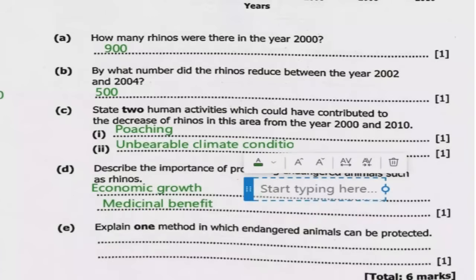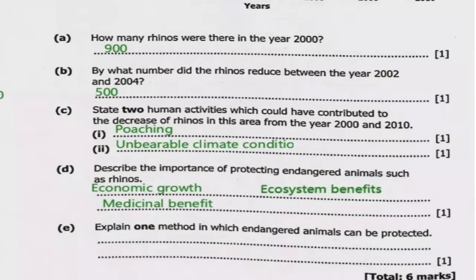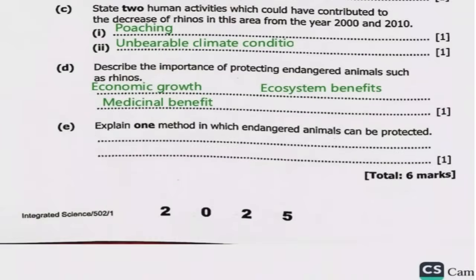You can even call it ecosystem benefits.